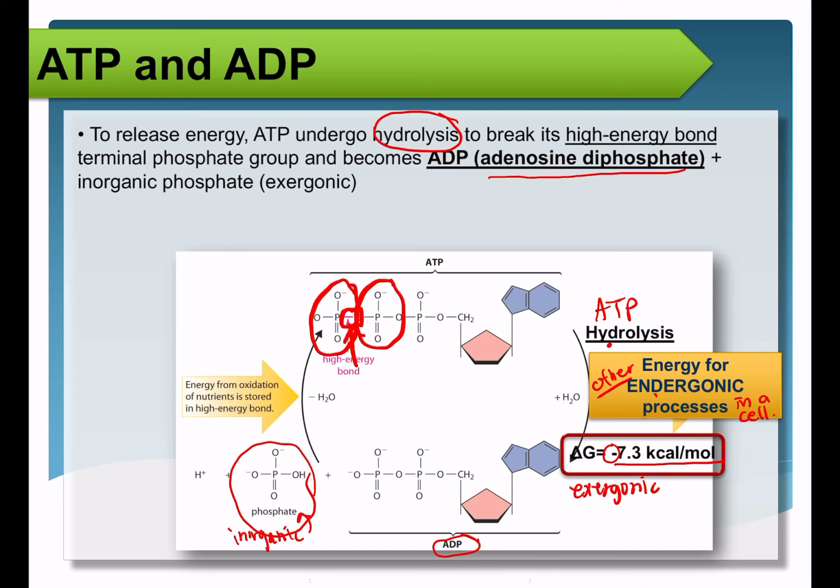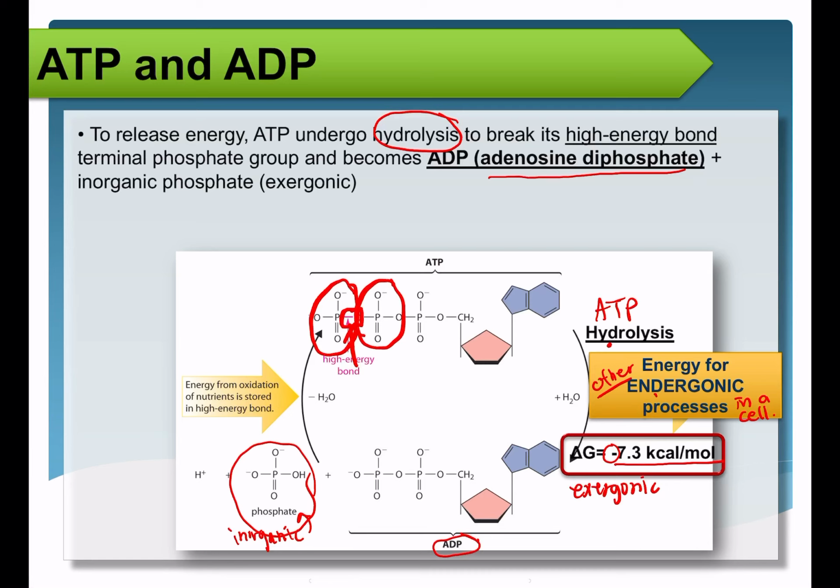Now remember, an endergonic reaction requires an input of energy, and as I've said, since we humans can't use sunlight as a source of energy, we have to rely on this energy from ATP hydrolysis in order to power those other endergonic reactions.